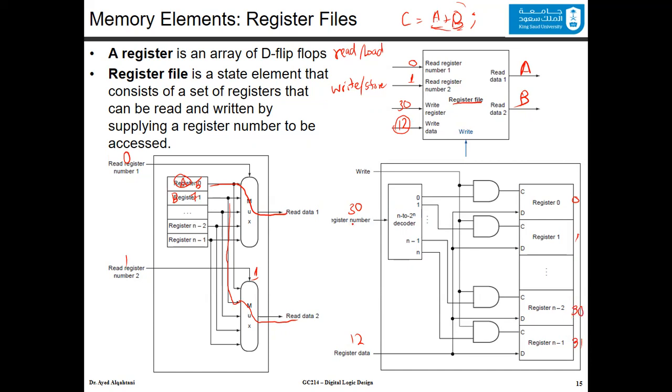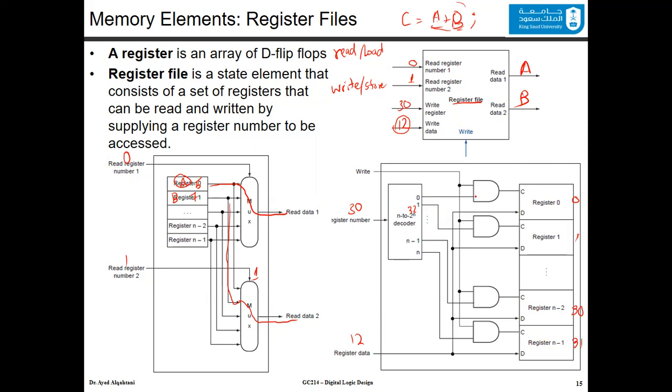So what happens? You will have an n to 2 to the power of n decoder, where 2 to the power of n would be 32, because there will be 32 different lines going out from the decoder and going to each of the registers.